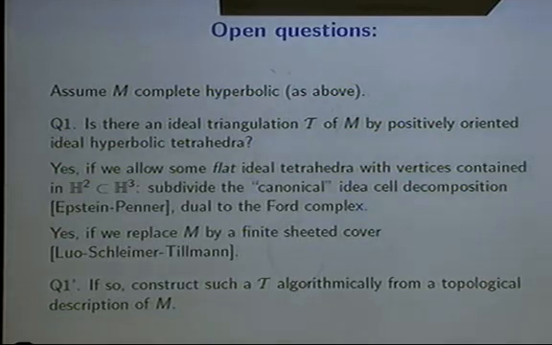That gives you a decomposition into ideal hyperbolic cells, and you can always subdivide it into tetrahedra. But there's a question about consistency. When you subdivide, you might have to insert some flat tetrahedra. But in practice this is good enough to do the computations.